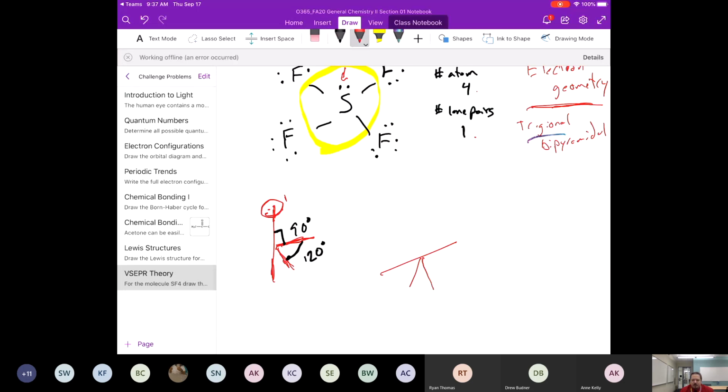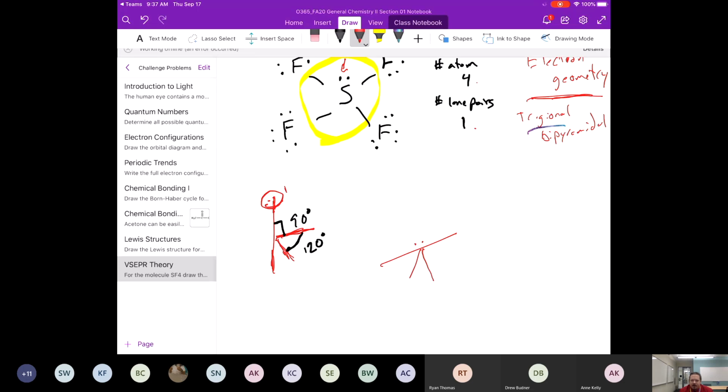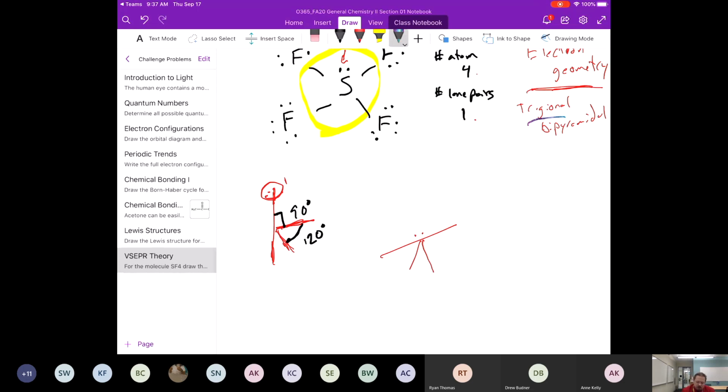If we draw it like this, where that lone pair of electrons is sitting up here, what is that shape? Seesaw. Right? If you look at it, it looks like a seesaw, and that's what I'm going to call it.